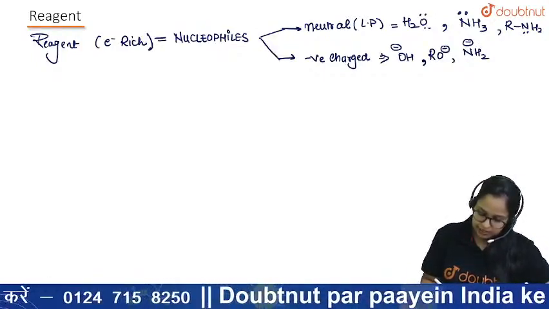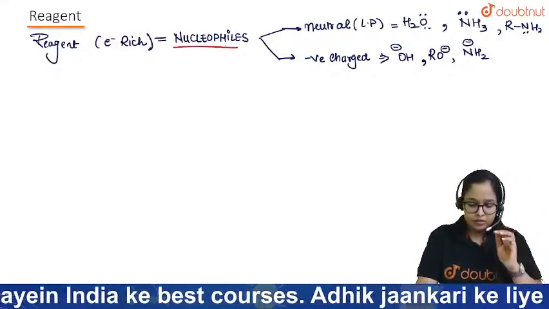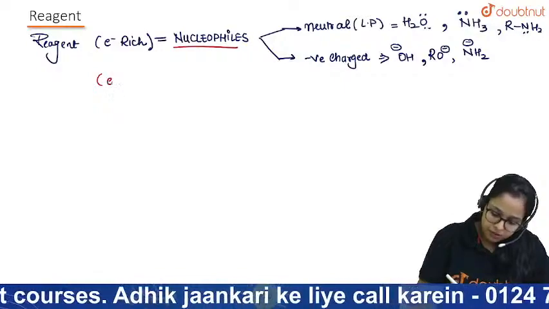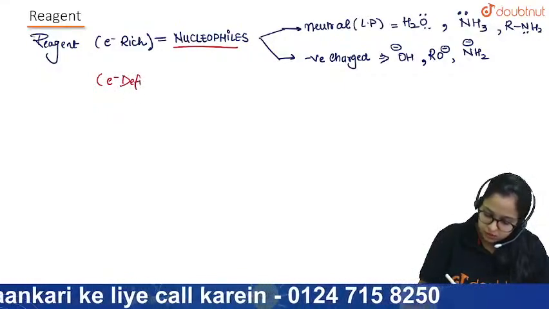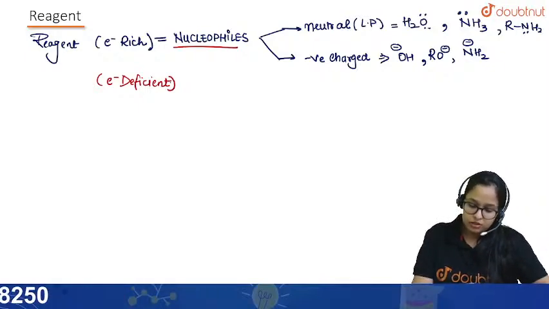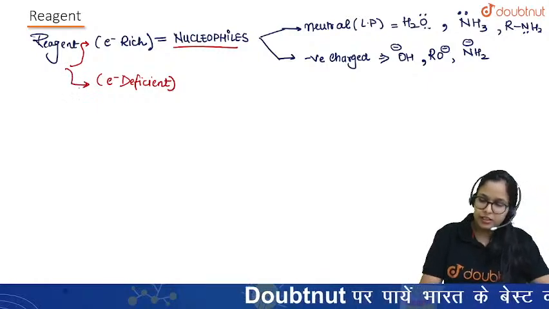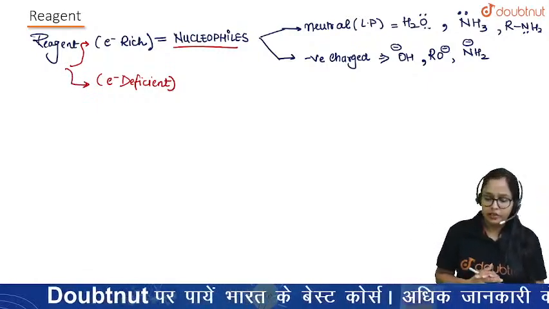Why I am discussing it, I'll tell you in some time, but just write whatever I am writing in your notebook. I'll clarify and give you a quick summary of what we have learned today. So the first part of the reagent was electron rich and the second part is the electron deficient reagent.